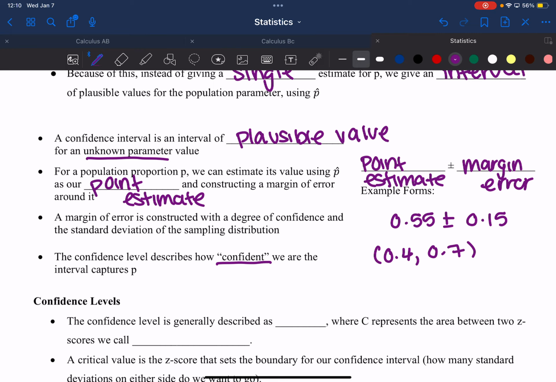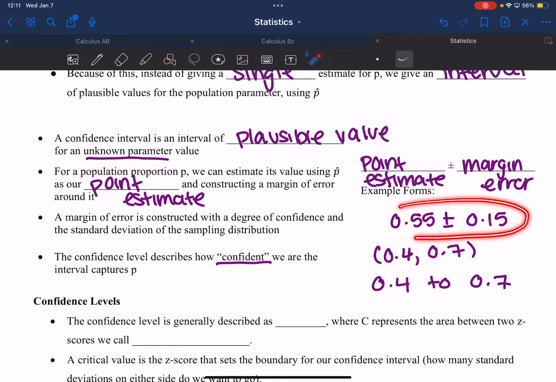Another way is to show it as 0.4 to 0.7, like in words. So I would say this first one here is great if they are just asking for a quick point estimate and margin of error.